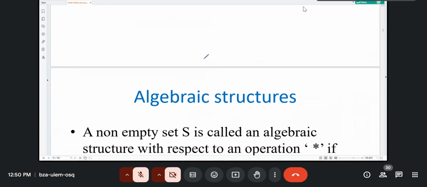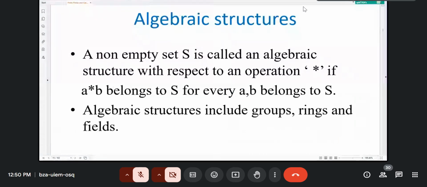So let's look at what you call algebraic structures. A non-empty set S is called an algebraic structure with respect to an operation. So whenever you define an algebraic structure, you have to define it with respect to an operation, and we use the star to refer to any operation.